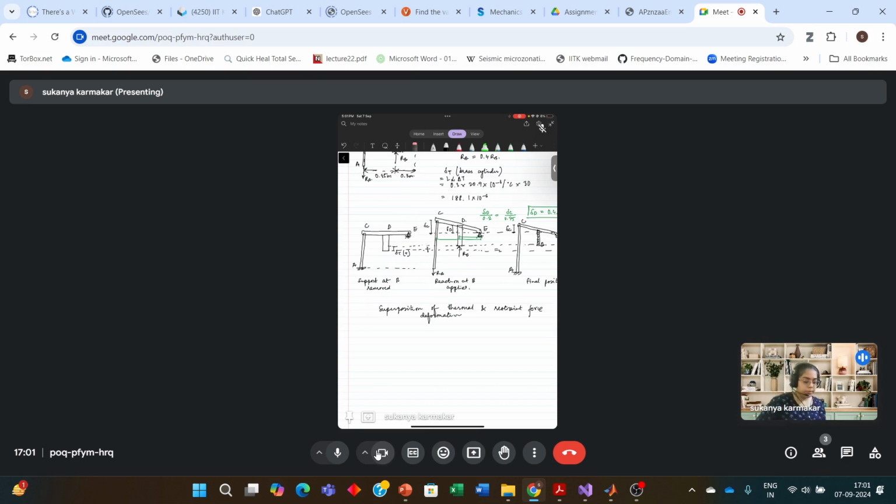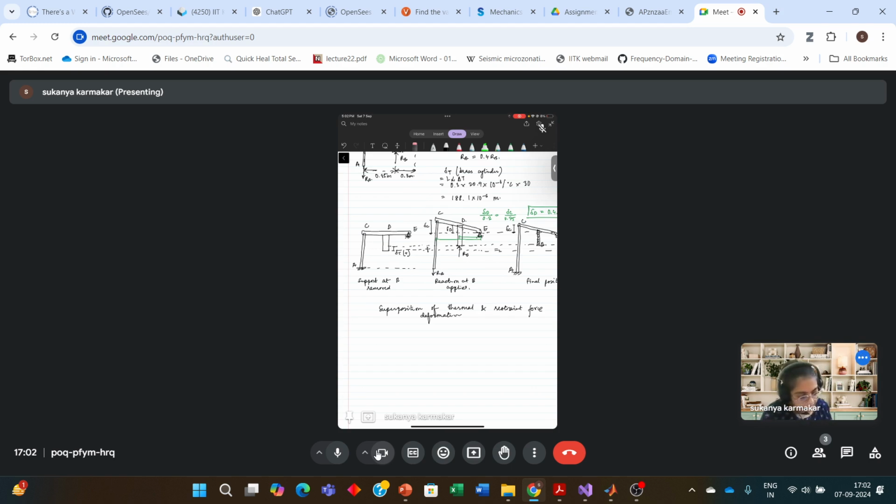From the first diagram, I'm showing that when the support at B is removed, there is a rise in temperature of the cylinder, which causes the point B to move downward through delta T, and we calculated delta T to be 188.1 into 10 to the power minus 6, and this should be in meter.